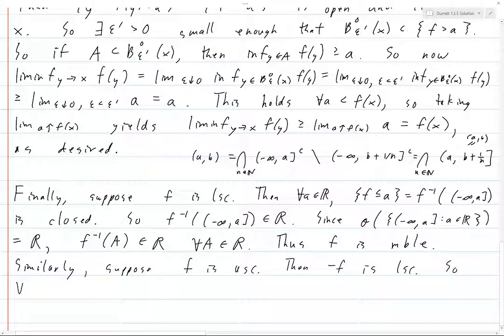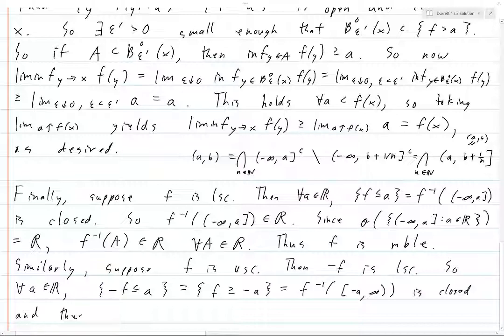So, for all a in R, the set of points where minus f is less than or equal to a is closed. But this is also, if you just multiply the minus sign, f greater than or equal to minus a. So this is f inverse of minus a to infinity is closed, and thus belongs to R.